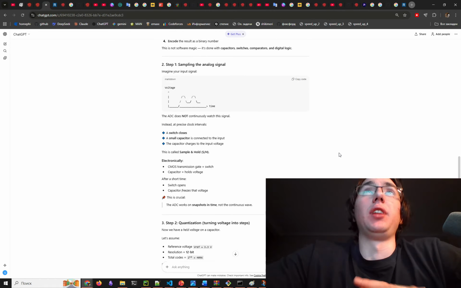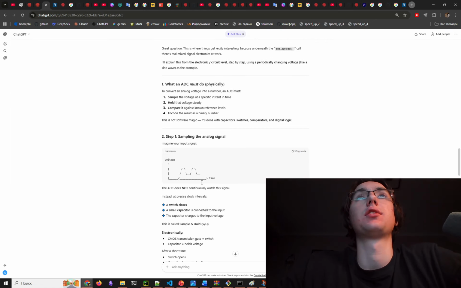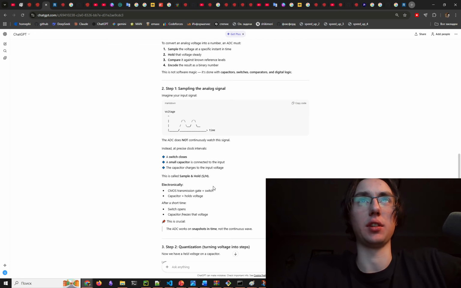So we are sampling. Sampling means that we are dividing that signal by time with some step. The ADC doesn't continuously watch this signal. Instead, at precise clock intervals, a switch closes. A small capacitor is connected to the input. The capacitor charges to the input voltage.